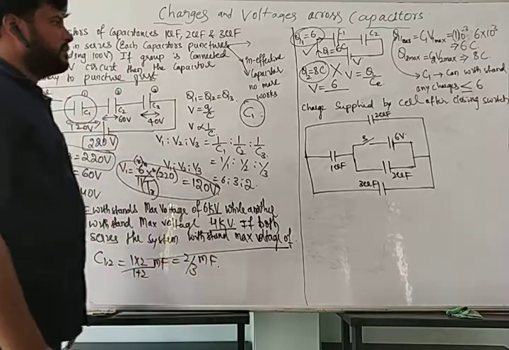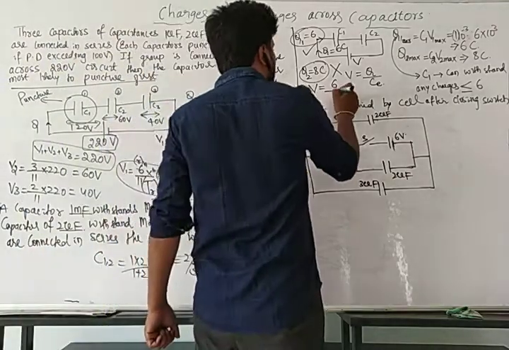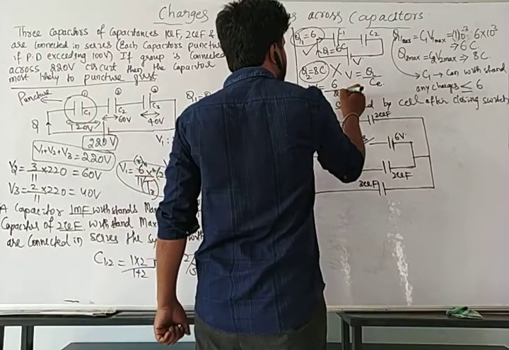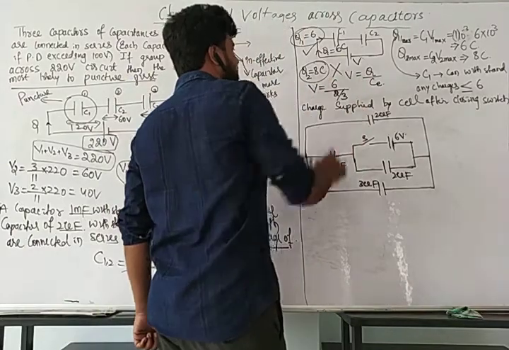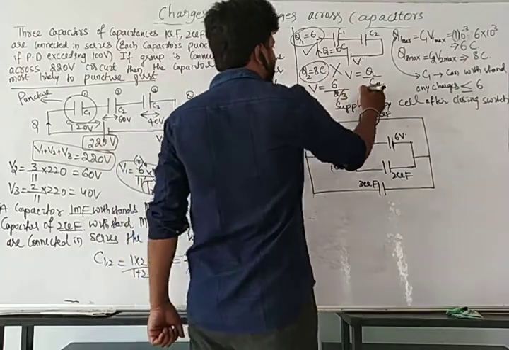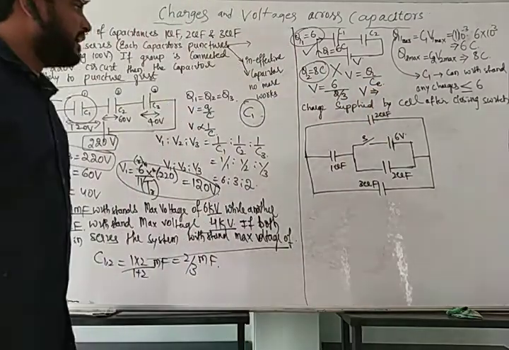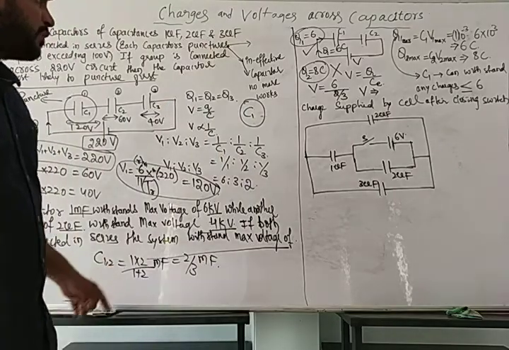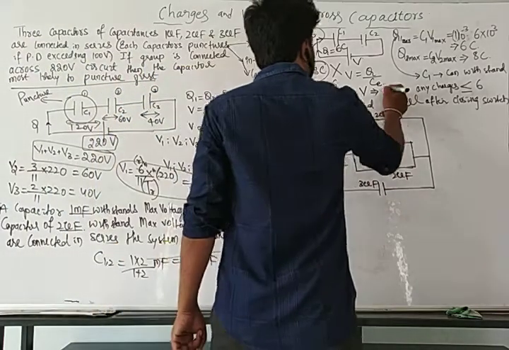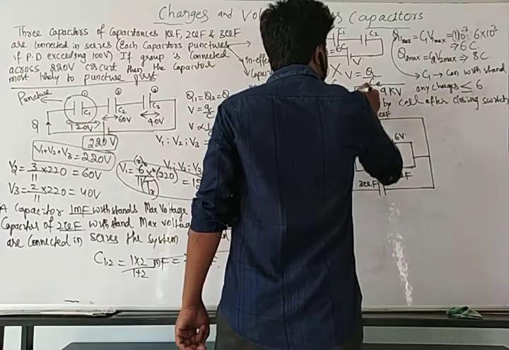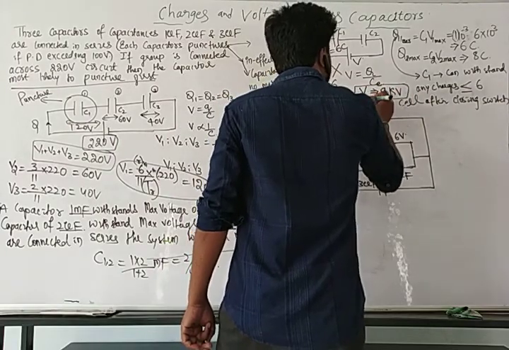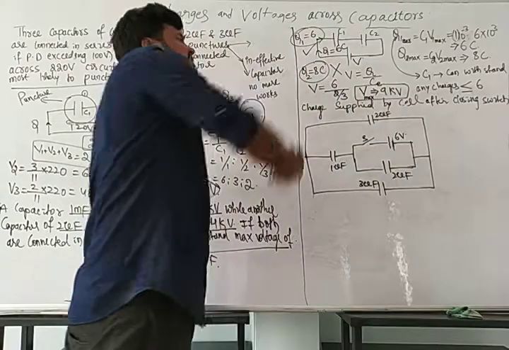Okay. So how much is it? 2 divided by 3 comes here. 2 divided by 3, so the 3s and the 2s cancel, and I can write V is equal to 9 kilovolt. Remember, V is equal to 9 kilovolt. This is the maximum voltage the system can withstand here.